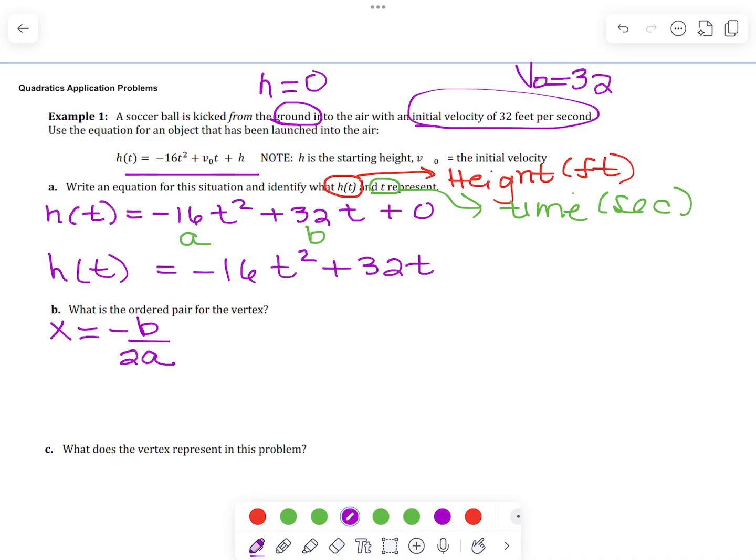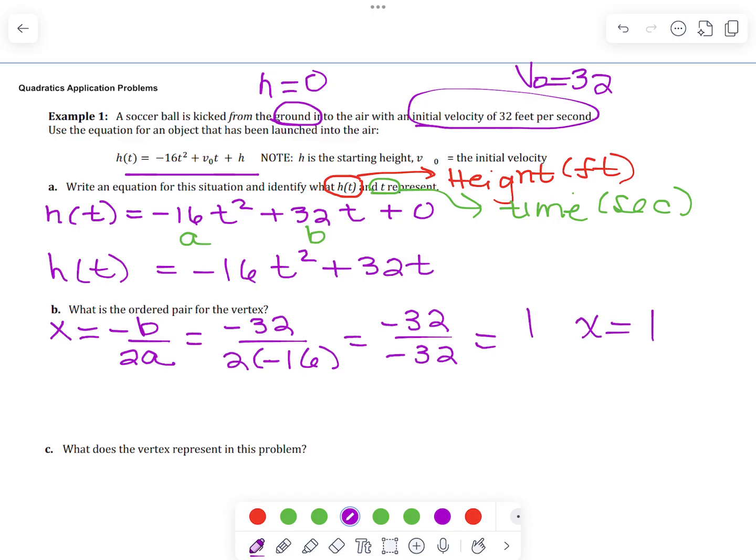So we'll go ahead and substitute that in. The b is 32, and our a is negative 16. Now we simplify that. We get negative 32 divided by negative 32, which is positive 1. So our x coordinate is 1.